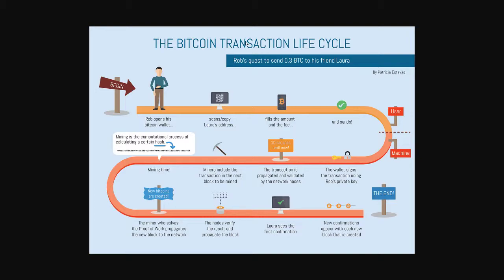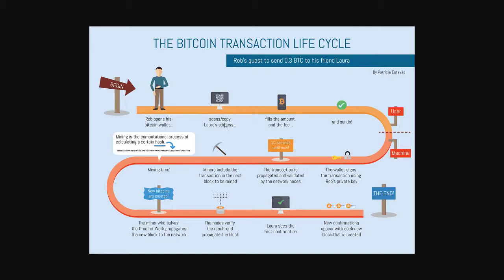Now, we have a little image here to show you to better understand this process. So the Bitcoin transaction lifecycle, Rob's quest to send 0.3 BTC to his friend Laura. So we start. Rob opens his Bitcoin wallet.